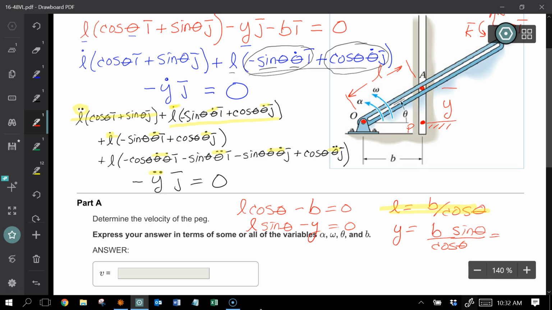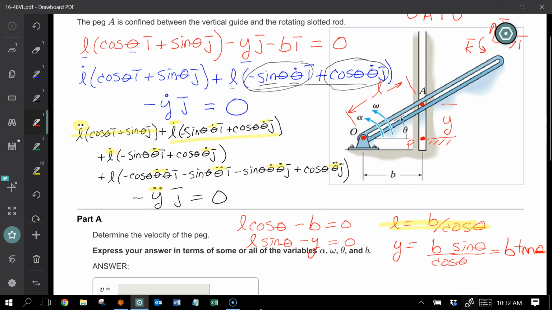So y is equal to b tangent of theta, which again you could do with a triangle, but the vector loop will tell you what your values are. So if your vector loop is something besides a triangle, solving the loop equation will get you all the positions that you need.